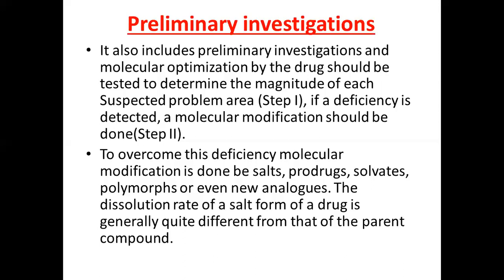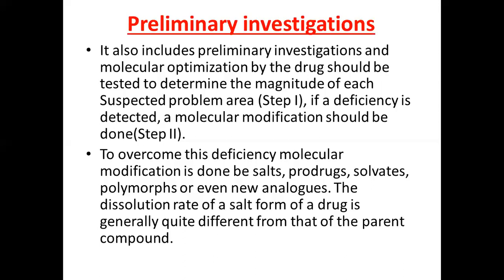Molecular modification means that you are going to modify the basic nuclear structure. I have used this terminology many times, the basic moiety, and you will work around this moiety. You will do modifications, and these modifications may be done by forming salts, like if an acid is there, react it with a base to yield a salt, and vice versa. And you can go towards prodrug formulation.